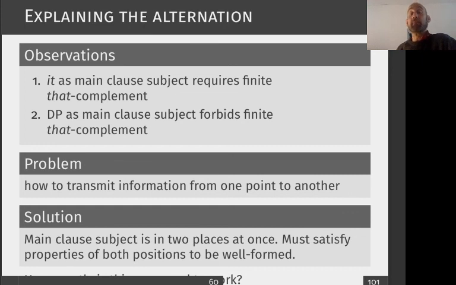A DP as a main clause subject forbids a finite that complement with seem. That was what we observed. The problem was essentially how to transmit information about the complement to the subject choice. And the solution was that the main clause subject is in two places at once, and it has to satisfy properties of both positions to be well formed.